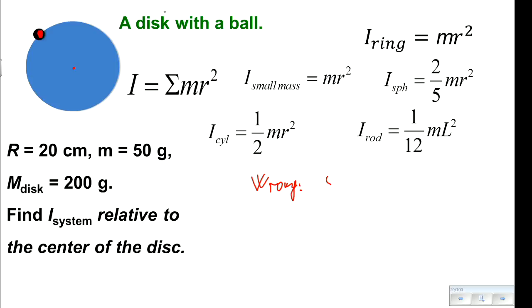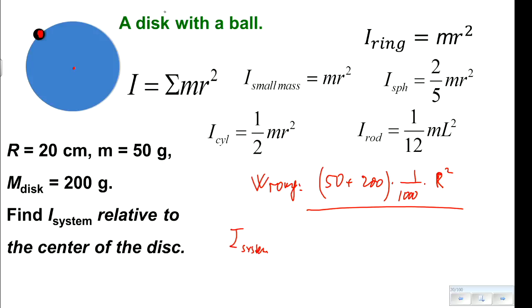So wrong. 50 grams plus 200 grams, I'll convert into kilograms times radius squared. That is wrong. What we need to do, if we need to calculate this variable for the whole system, we need to add these variables, I's, moments of inertia, for each part of the system. That is correct. Just remember that, and you will be all set.